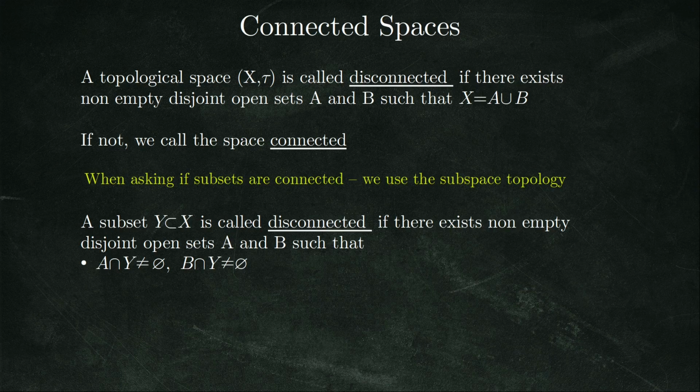So that's equivalent to the non-empty part above. And Y is covered by A union B. And if this isn't the case, then we call the subset connected.